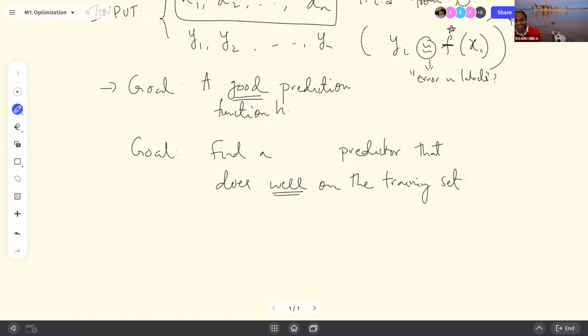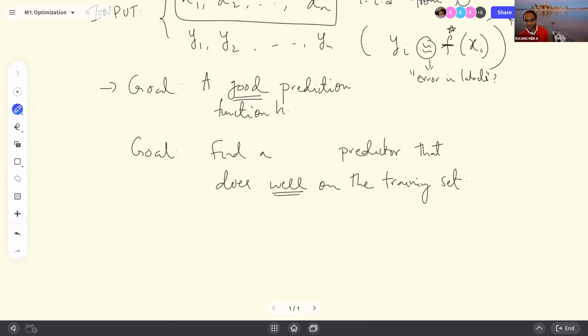And I was going to ask, what would it mean to do well? And someone already answered the question, which is, okay, some sort of loss function, right? I don't necessarily want my prediction to exactly equal my label. Sometimes if these are real numbers, that's just way too strict.